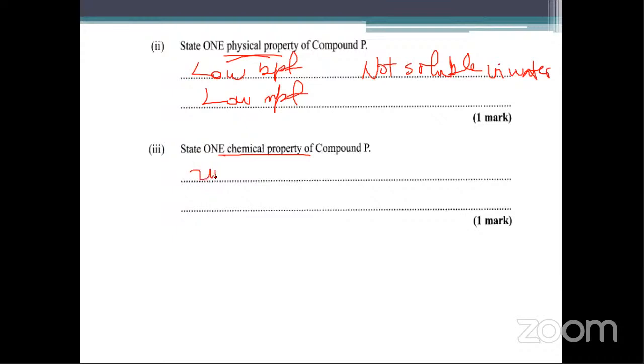So you can say it's unsaturated and decolorizes bromine water, right? Or you can say it changes bromine water from red-brown to colorless. We talk about the bonding, how it reacts. That's what chemical properties are talking about, how it reacts.